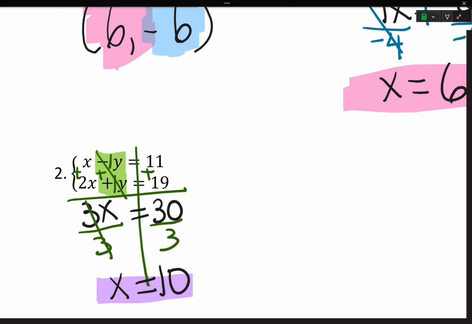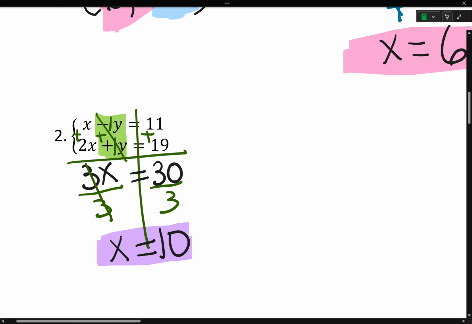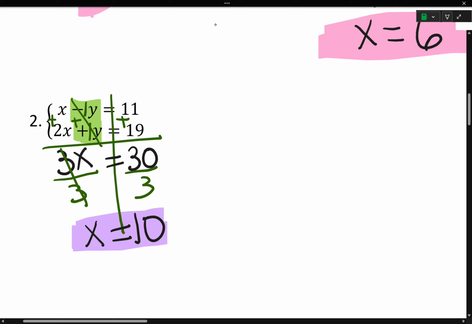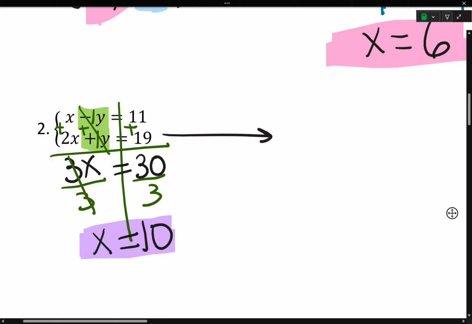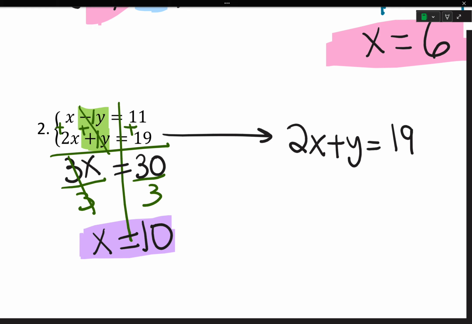That is so much faster. We found x so much faster than the substitution method, right? I hope you agree. Now, all I need to do is find y. I can use whichever equation I feel like. Since I used the first one in number 1, let's use the second one for number 2. Again, no real rhyme or reason, I'm just feeling like it. You could be using the first equation, and you'll get the same answer.